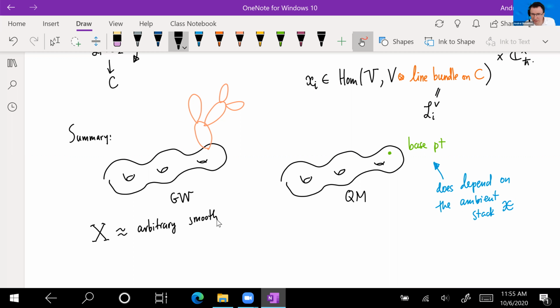Arbitrary means within reason, maybe projective or affine or something like this, to achieve properness, whereas here to achieve properness you need something more.